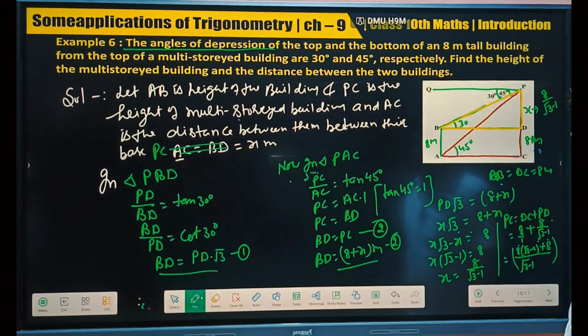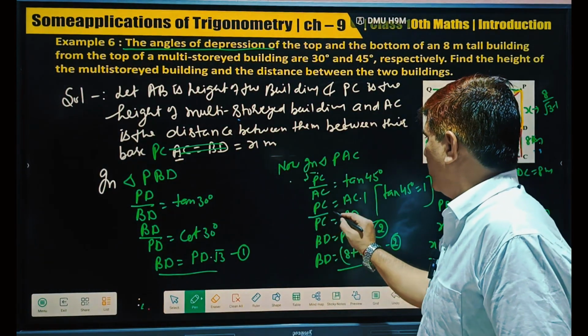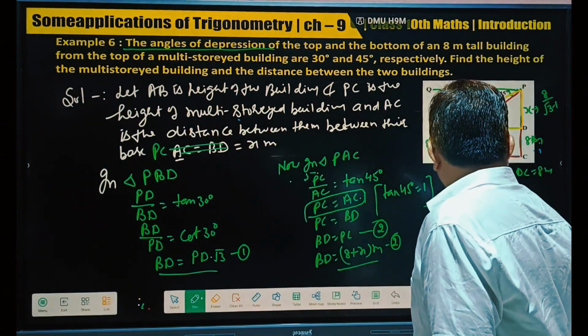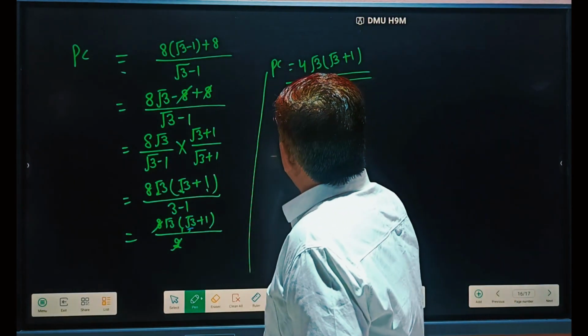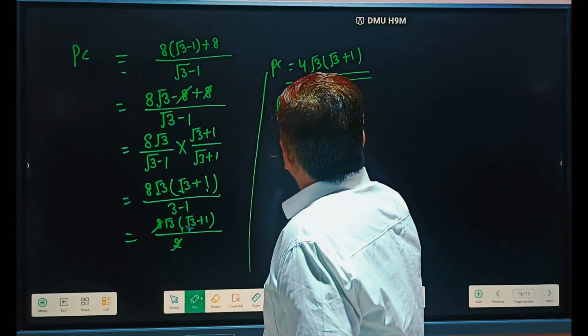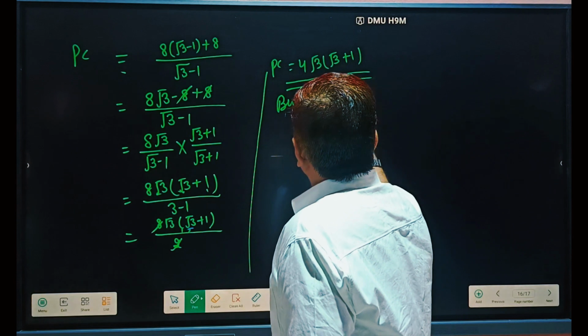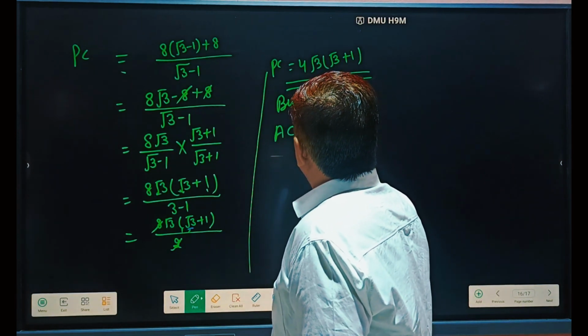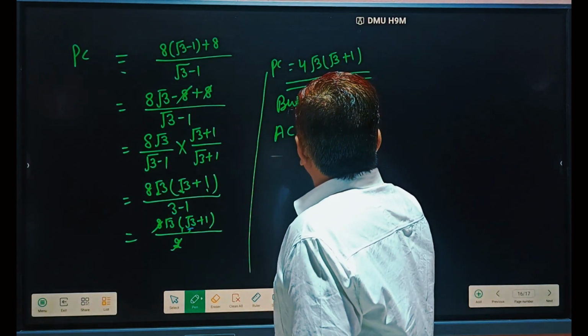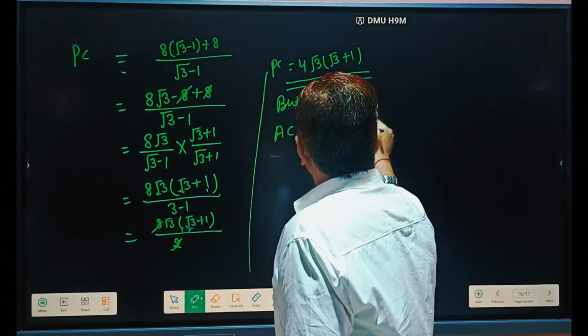Another is the distance between them. What's the distance between them? It is AC. And what is AC? AC equal to PC. So therefore AC equal to 4 under root 3 into under root 3 plus 1.